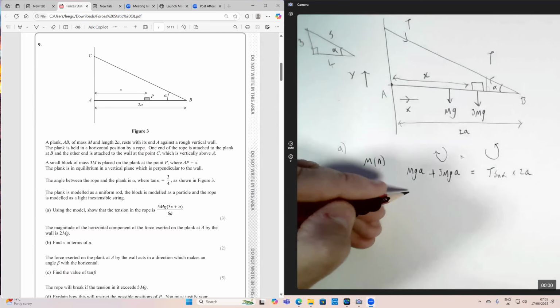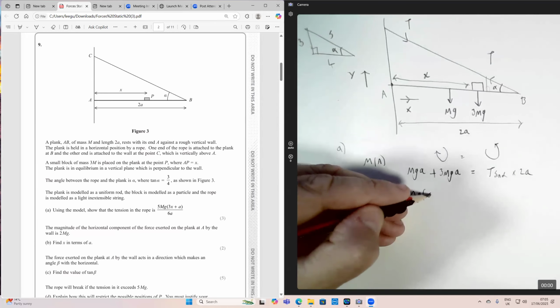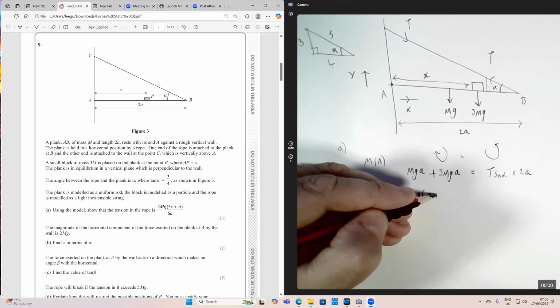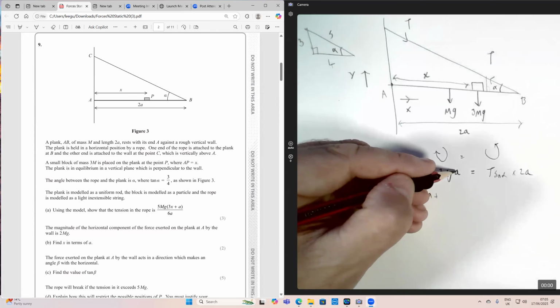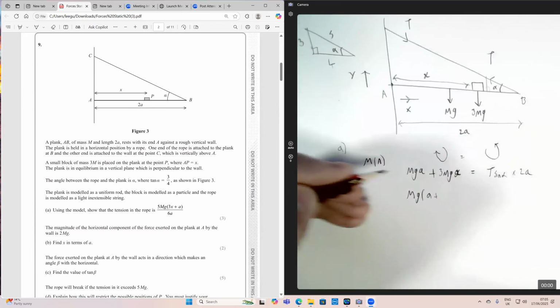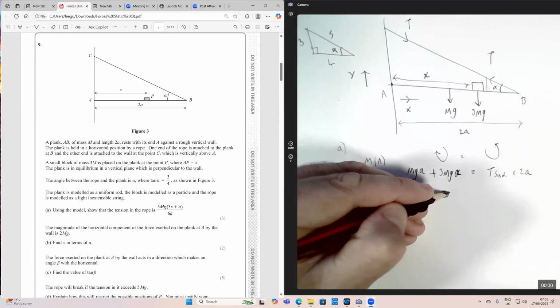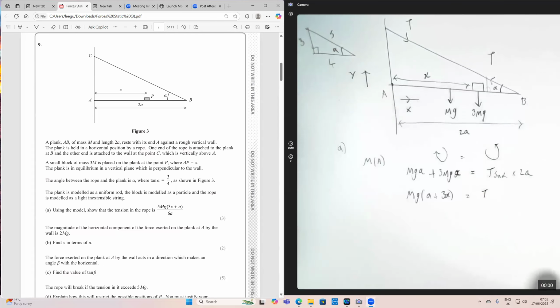Okay, so let's begin to factorize some things out here now. mg can come out, leaving us with a plus, and that distance is going to be 3x. Actually, I put 3mga there, but that should be an x, so it's going to be 3x. So there we go, is equal to T sine alpha.